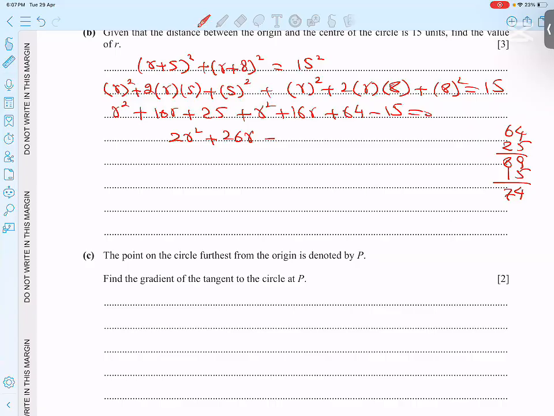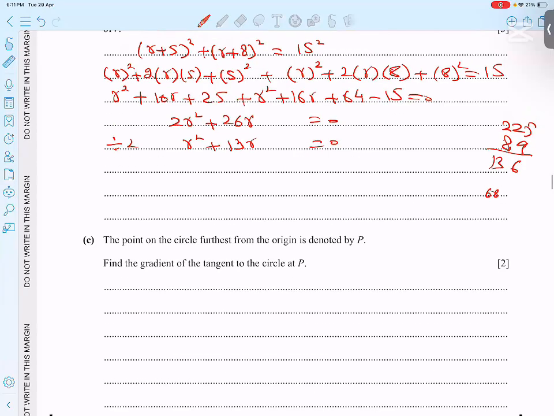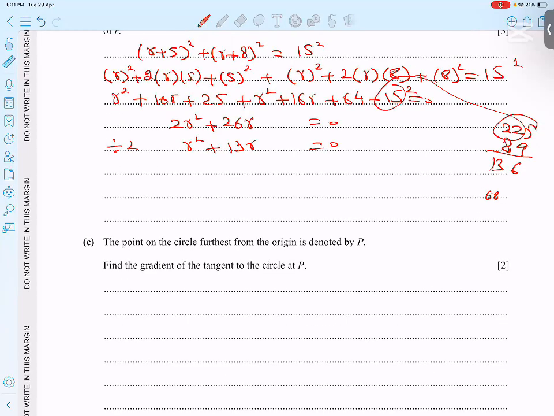So 89 minus 225 is equal to 0. When you subtract, you get negative 136. So divide by 2, I got R squared plus 13R minus 68 equals 0.